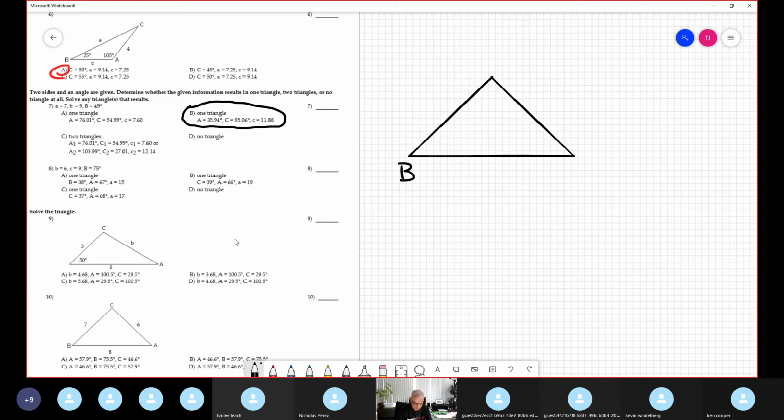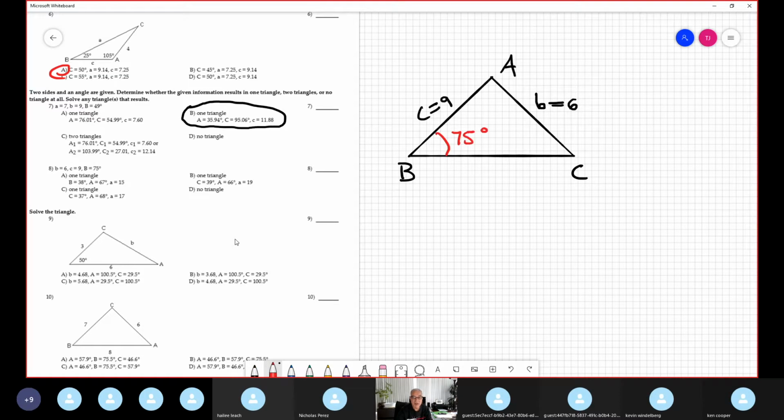Suppose that this guy is B, this guy is A, and this guy is C. If you assume a different order, no problem, it's the same. B is 6, C is 9, and angle B is 75.